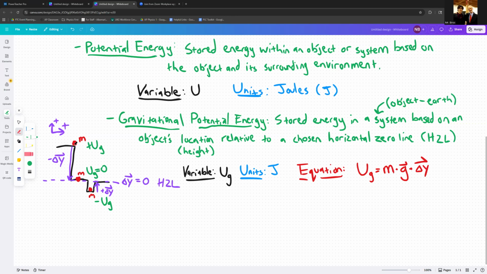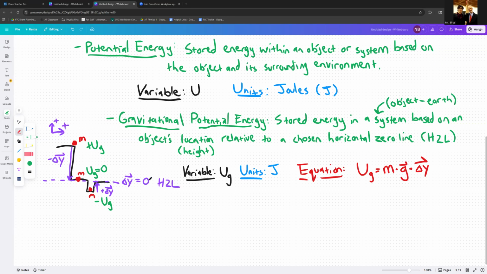So there is a potential for the object when it's dropped to fall to the ground due to the force of gravity, because it has this stored energy, right? The energy means there's an ability for gravitational force to be exerted and for change to happen. The object on the ground has no ability for the force of gravity to cause change for that object, right?